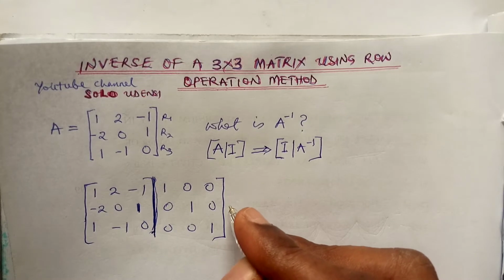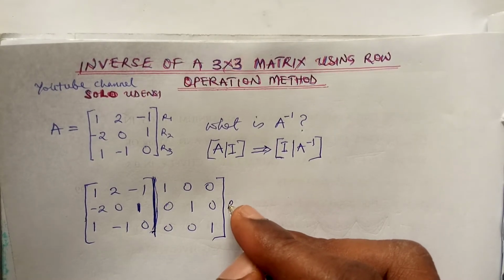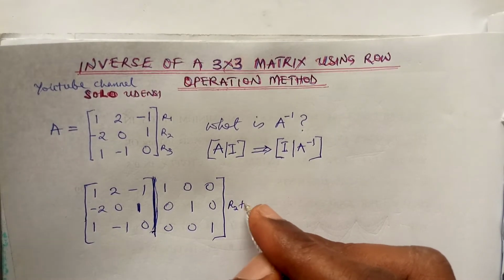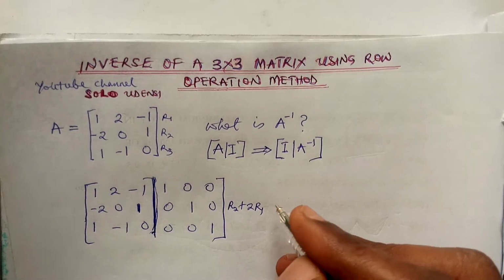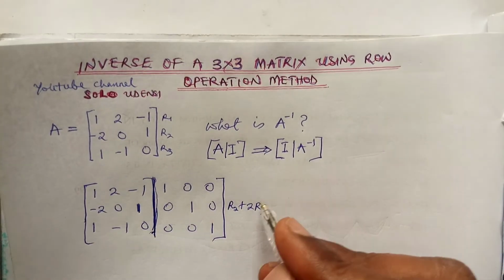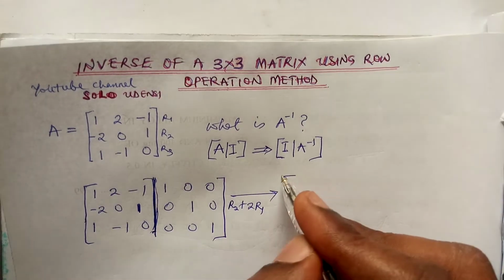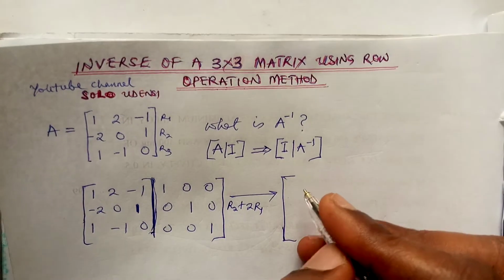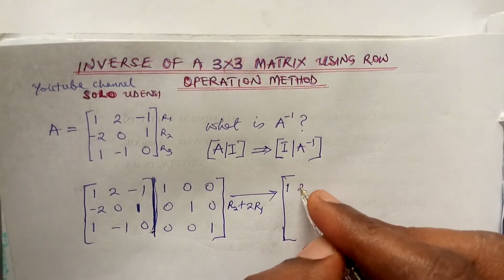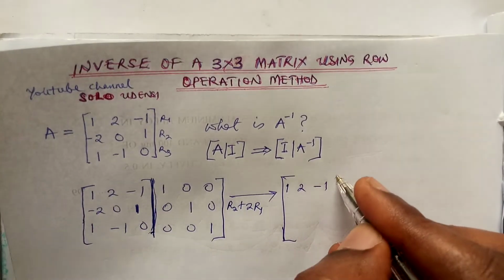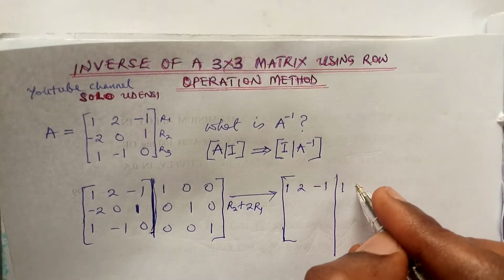If we do row 2 plus 2 row 1, let us write row 1 first. Row 1 is 1, 2, minus 1 and 1, 0, 0.